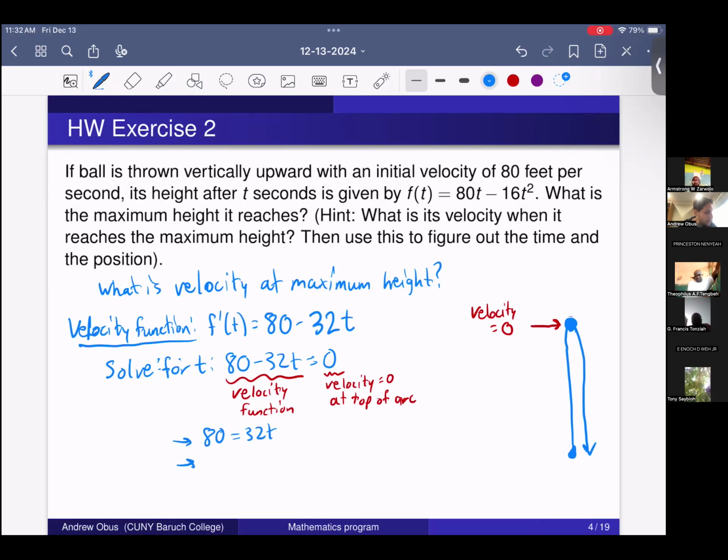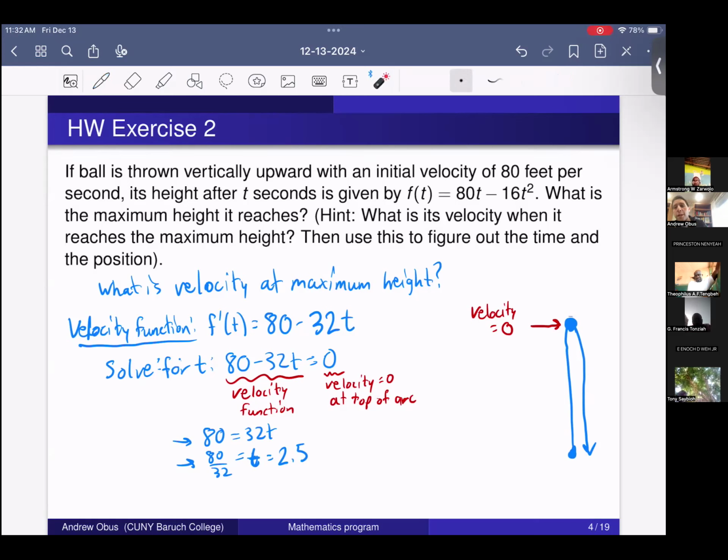And this leads to t equals 80 over 32, which simplifies to 2.5, or 5 halves. Great. So when we solve for t, t equals 2.5 at the top of the arc.